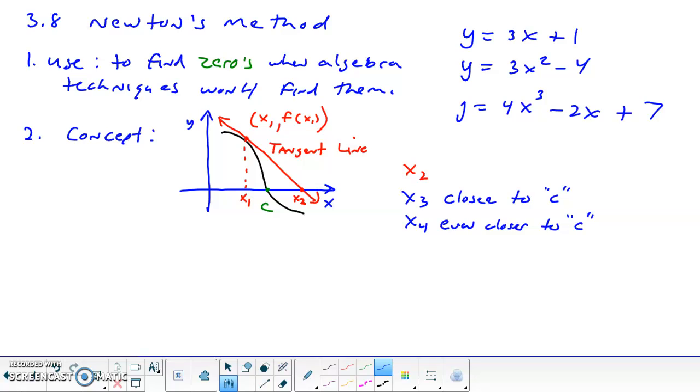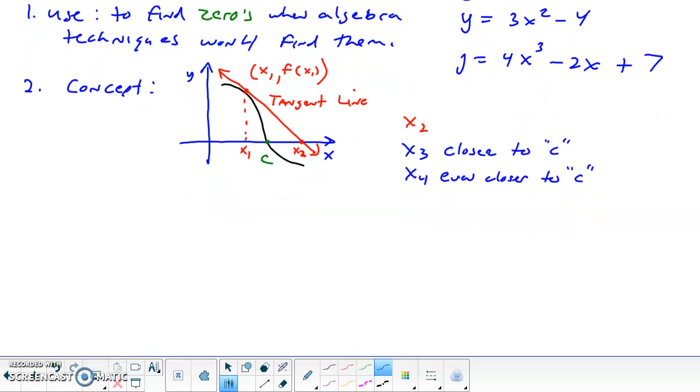And we'll get closer and closer to C by running the next iteration using the formula that's called Newton's method. So that's the concept and that's the idea. And so closer and closer, to where we're so close to C that we're literally close enough for our purposes to get that value of C. All right, so that's the idea, that's the concept.